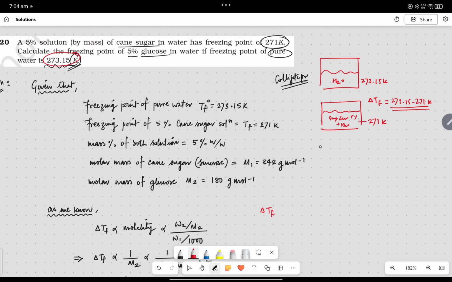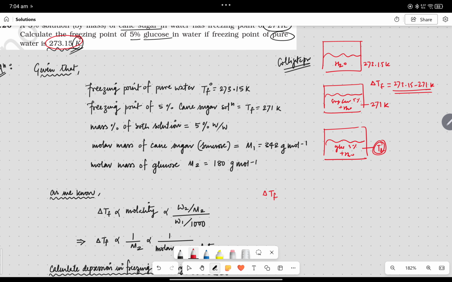So what happens if instead of sugarcane we add 5% glucose by weight plus H2O? What will be the freezing temperature in this case? Can we determine it?